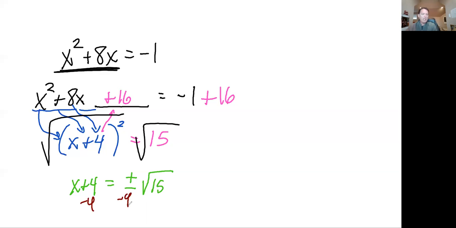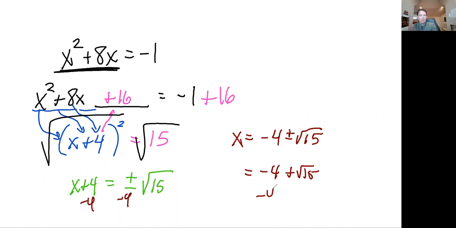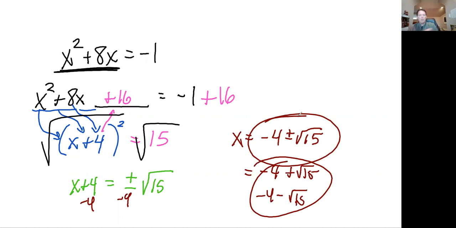This is a weird notation, but x is going to equal -4 plus or minus the square root of 15. Remember, that's what the cool kids do. If you want to be still cool, but not write it like them, you can do -4 plus the square root of 15. It's either this or this.